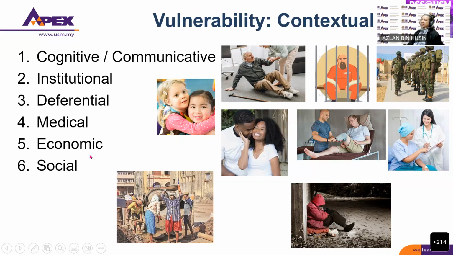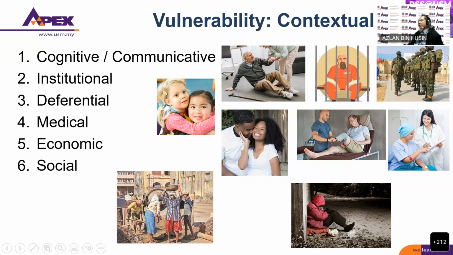And also medical vulnerability. If the patient, for example, you're trying to look at whether it is suitable or not to do the research in that kind of patient, especially cancer patients, okay, when they are already in the advanced stage of cancer and have been treated with many lines of treatment. So there's an element of desperation in this patient.